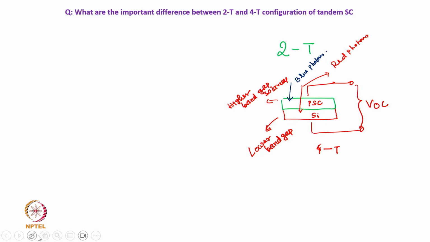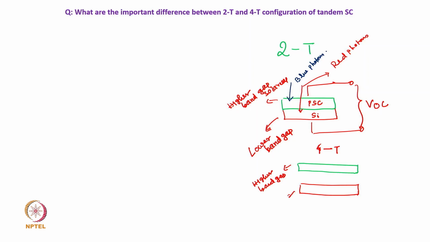This 4T configuration is that you have higher band gap solar cell and you have lower band gap solar cell. They are not lithographically grown or integrated, they are individual. So, this is higher band gap, this is lower band gap.